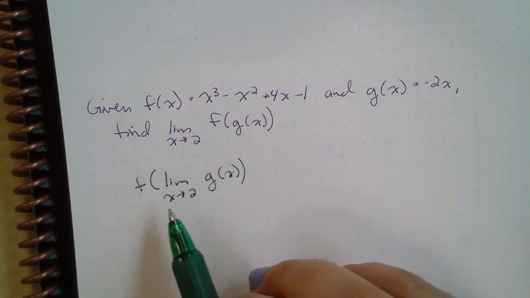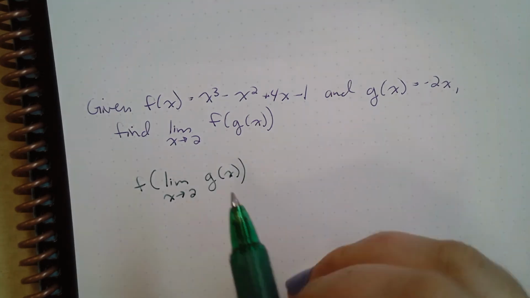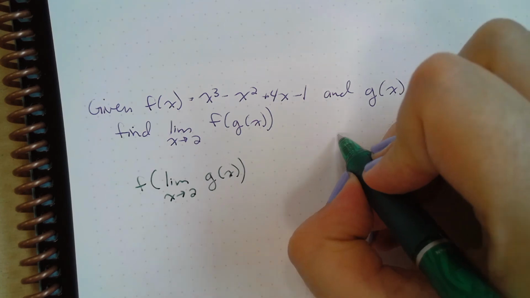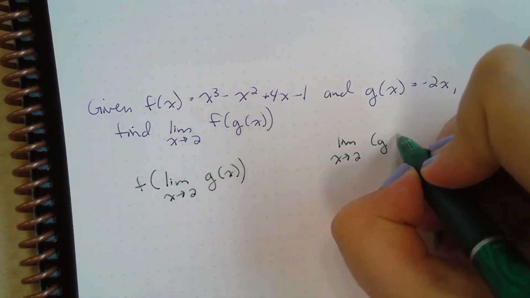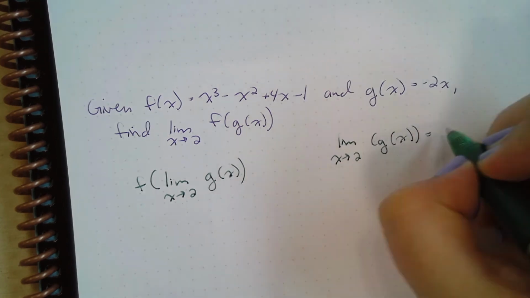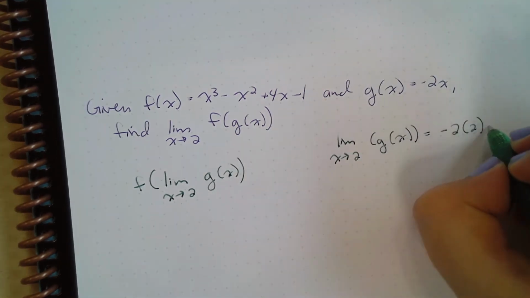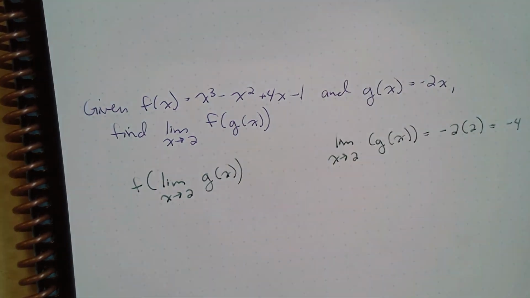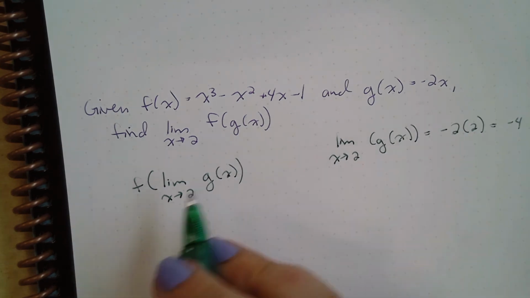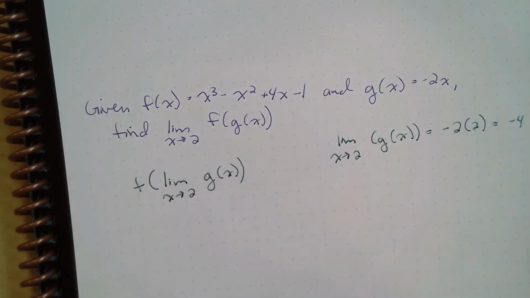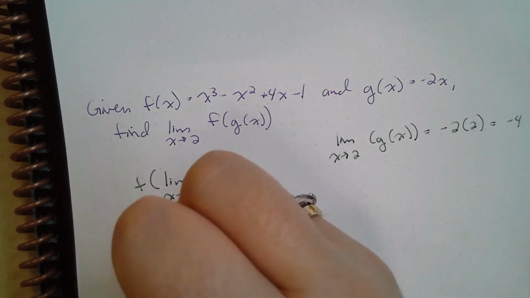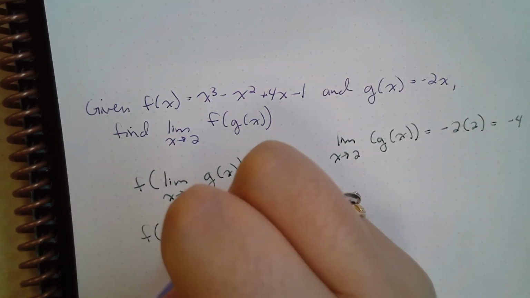So the limit as x approaches 2 of g of x is going to be equal to negative 2 times 2, which is just equal to negative 4, right? So now we don't need to find the limit, now we just need to find f of negative 4.